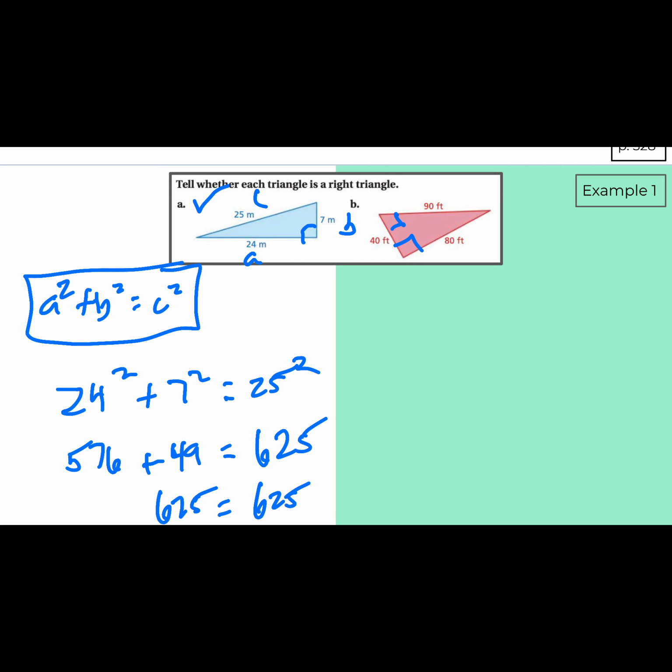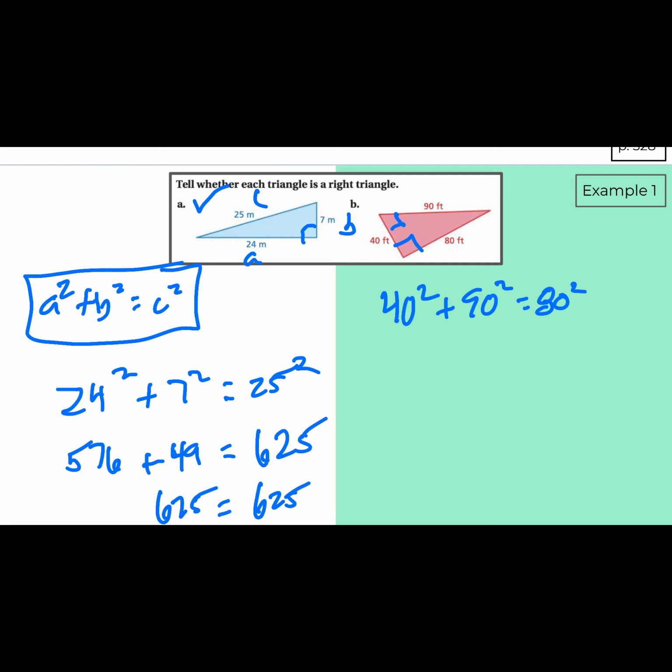Like, how do I know if I'm setting up 40 squared plus 90 squared equals 80 squared? Why would this not work? Or why do we know for sure that even if this was a right triangle, that this would work? What does c have to be? Yeah, our c, or our hypotenuse, has to be our longest side.